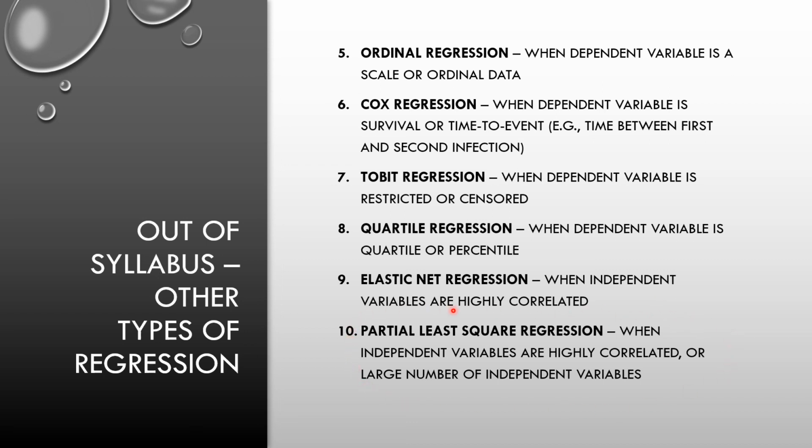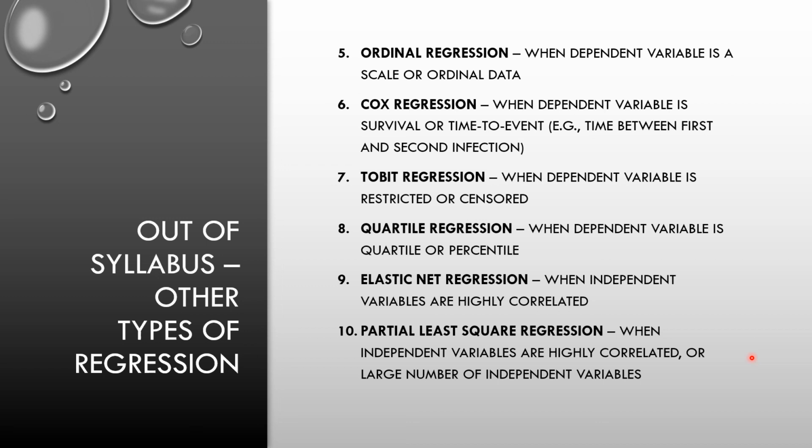Partial least squares regression is when the independent variables are correlated, or when there are a lot of independent variables. We do this quite often in genetic studies because there are tons of genes.